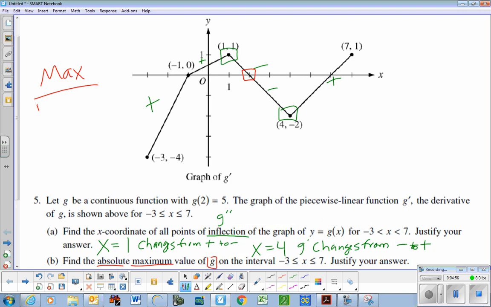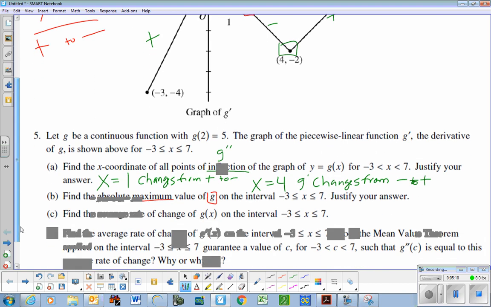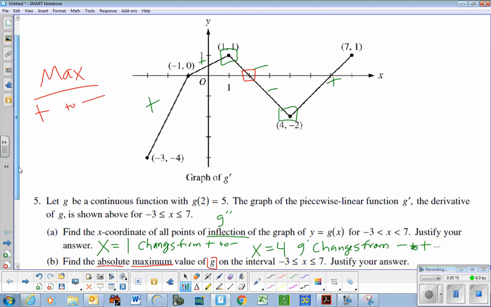So max goes from positive to negative. So the only place it does that is 2, because that's the only place where the line is going to go from above the x-axis to below the x-axis. So when we do our answer, we have to consider g of 2 as a point.